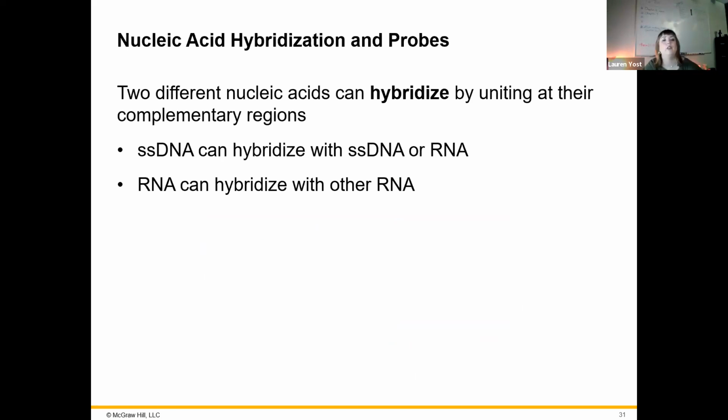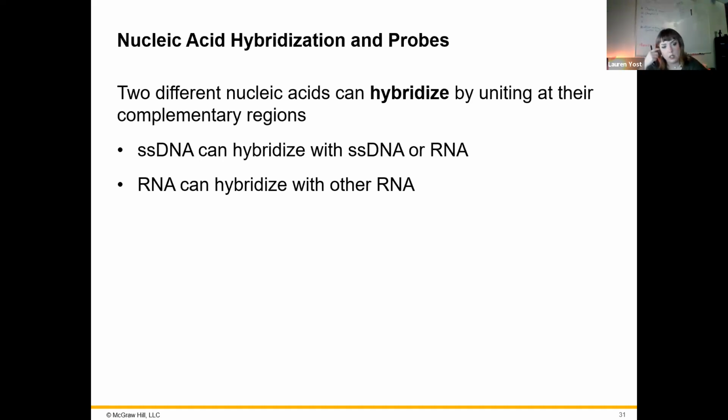Okay, nucleic acid hybridization and probes. This is essentially using the matching up of the A to the T and the G to the C, matching those back up with little known pieces of DNA to see if the gene of interest is in that particular location, like on your bacterial plate.